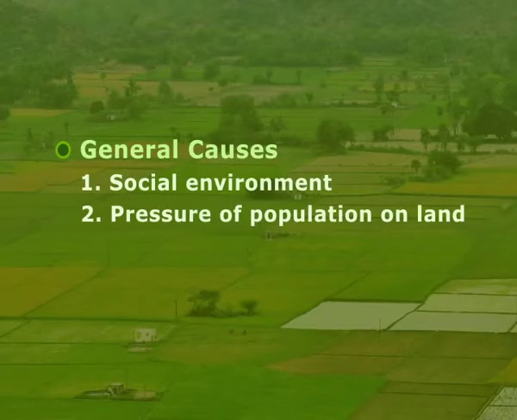Number 2, pressure of population on land. There is heavy pressure of population on land. In fact, since the non-agricultural sectors of the economy have not been able to expand at a sufficiently rapid pace over the period of last 6 decades, this pressure has continuously increased.